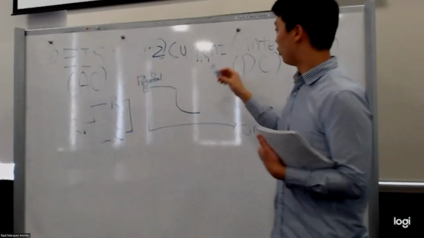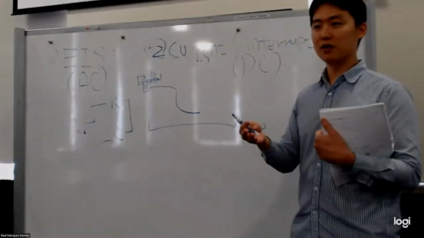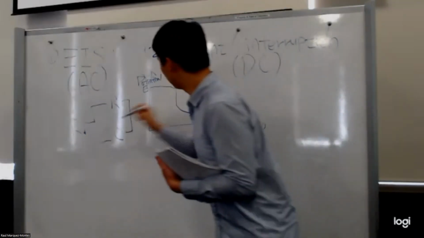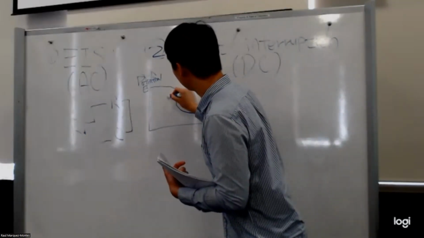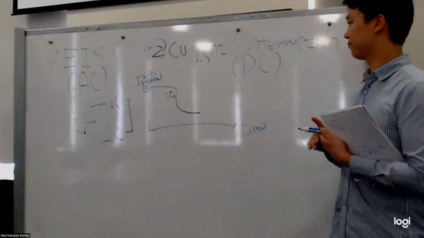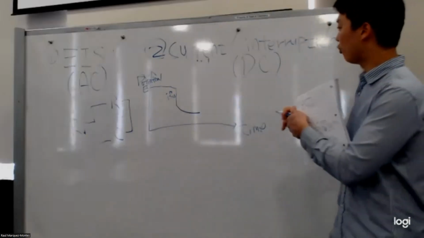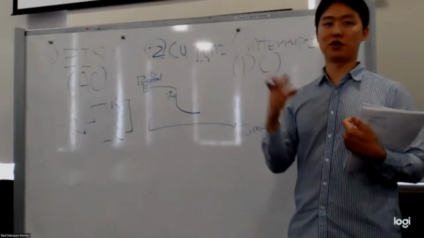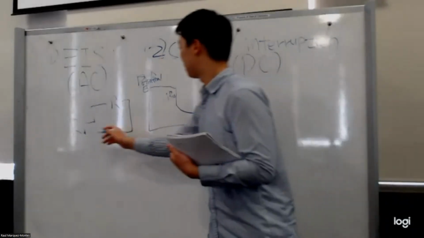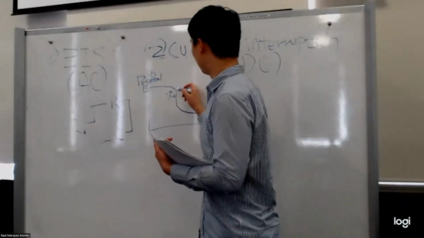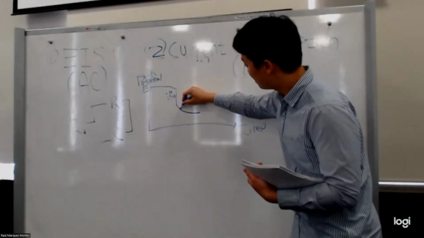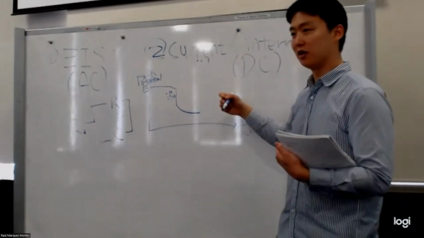When we stop the current, the potential drops immediately, corresponding to the IR drop, because when the potential changes to open circuit potential, there's no current flowing, which means there's no IR potential drop. So it immediately decreases this much. And then there is a very slow or linear decrease.